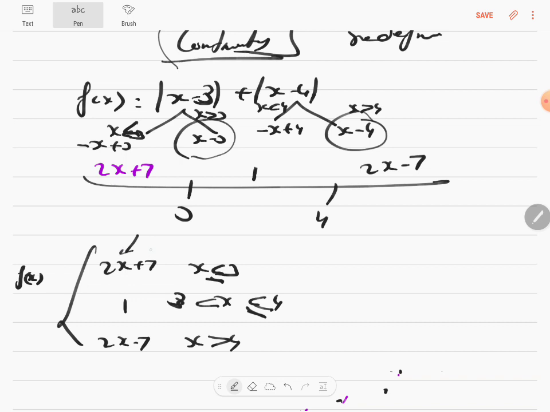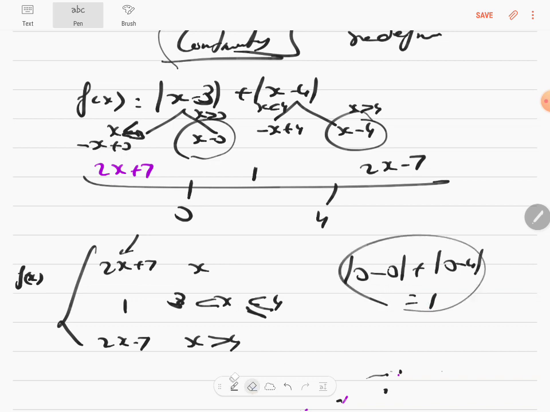It will become 2 times 3, 6, plus 7, 13. So you put f of 3, it's mod of 3 minus 3 plus mod of 3 minus 4, which is 1. So it includes at 3, so then don't include here, just include here.